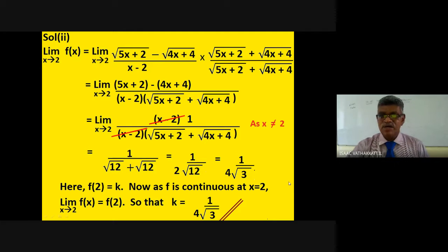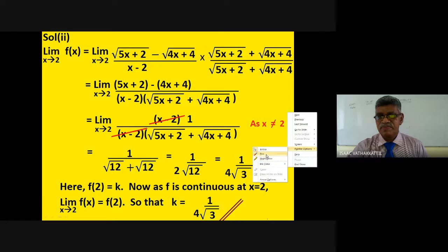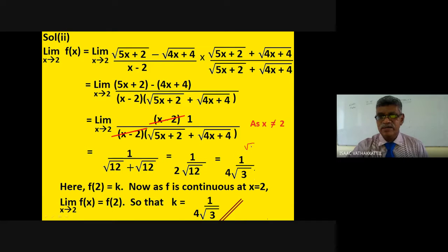If you have root a minus root b and multiply with root a plus root b, what will you get? A minus b. So that is the technique here.